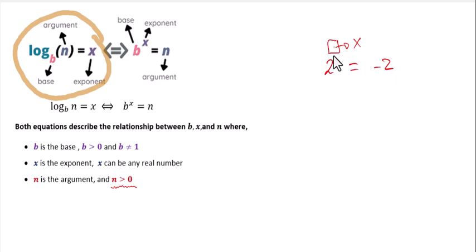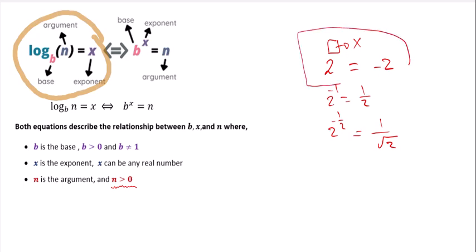If I say 2 to the power of negative 1, it simply equals 1 over 2. Let's say 2 to the power of negative half, it will be 1 over root 2. So anyway, the argument must be positive. So this one is not correct. So here the argument in the logarithm must be a positive value greater than 0.